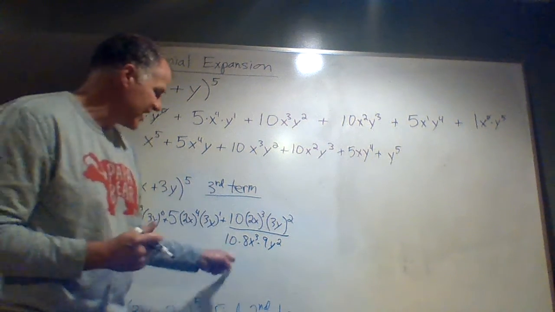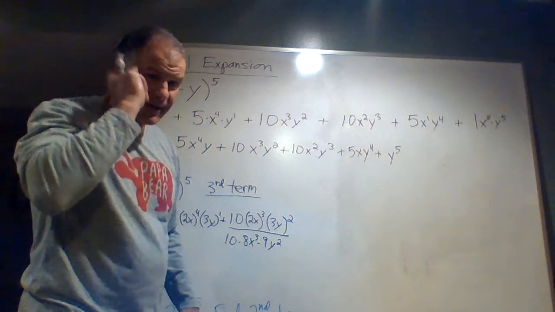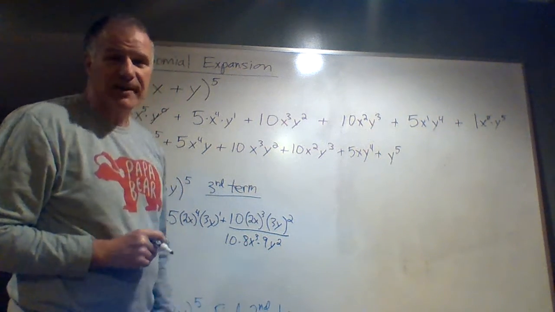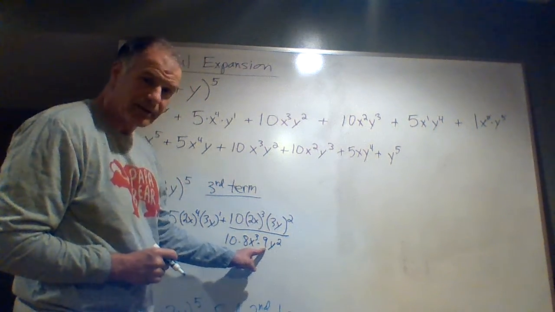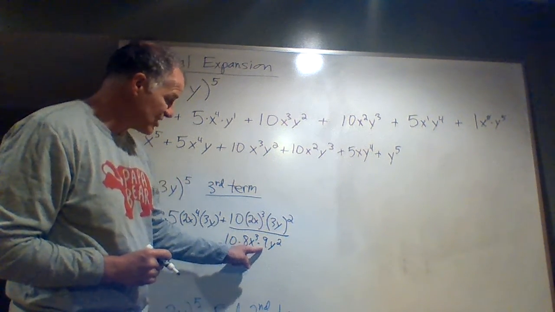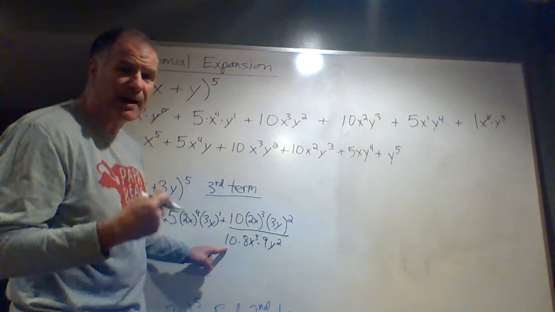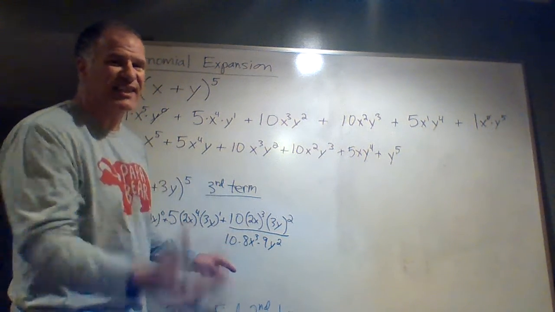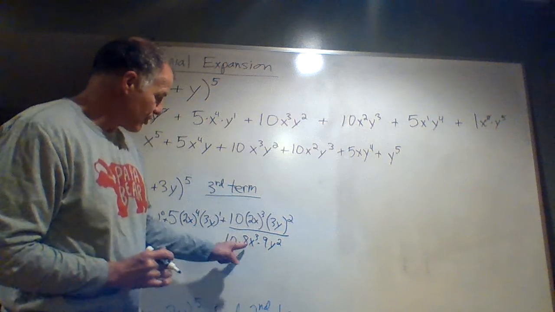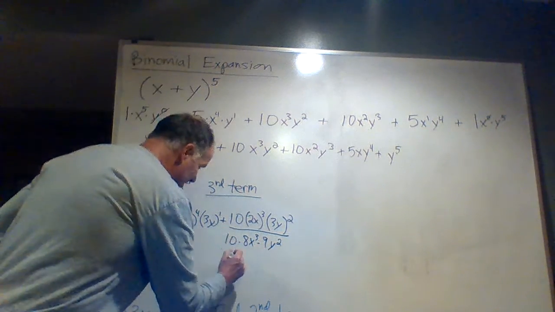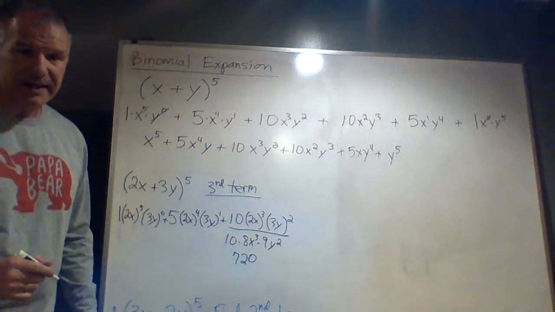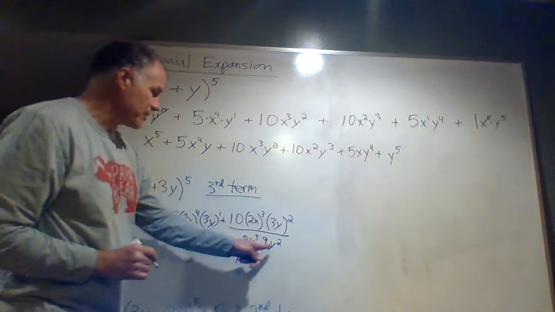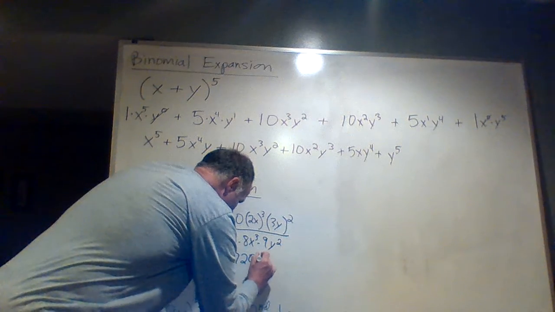Obviously you can just type this in your calculator, but shortcuts, I don't even want to worry about turning my calculator on. 8 times 9, that's easy, 72. 72 times 10, remember, when you multiply by 10, you just stick a 0 on the number. So 720. And then the x cubed and y squared just come down side by side.